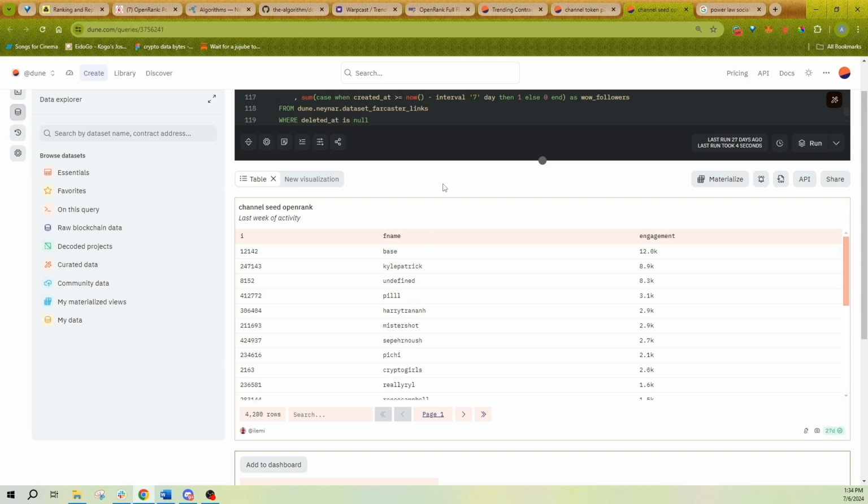But the Base channel has, I think, over 60 or 70,000 casters. So if I just used this 2,000 to 3,000 person list to rank their actions on chain, that is probably going to end up being a lot less rich of a feed than if I'm able to somehow include all 60,000 casters in the channel.